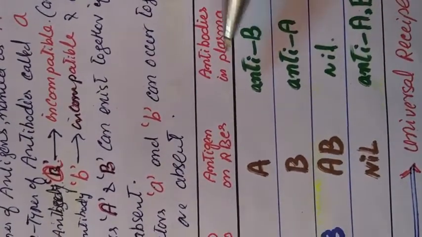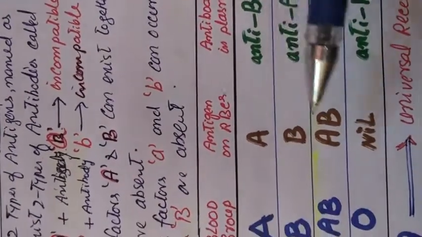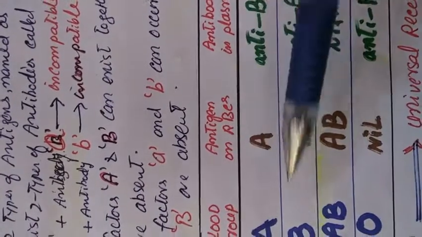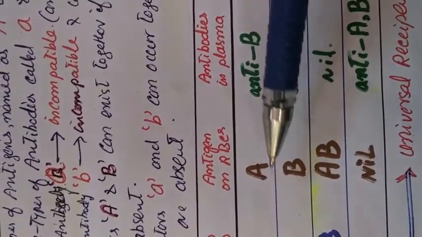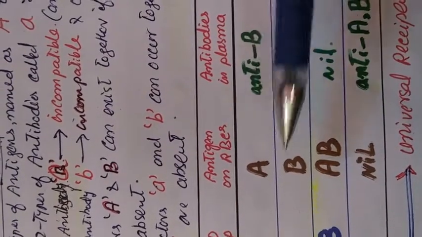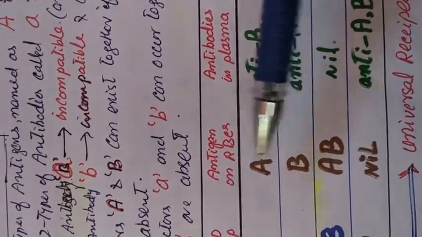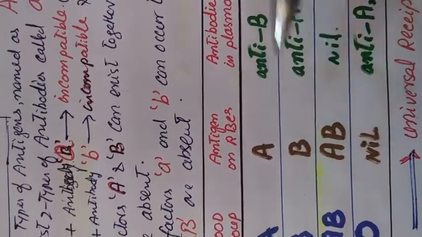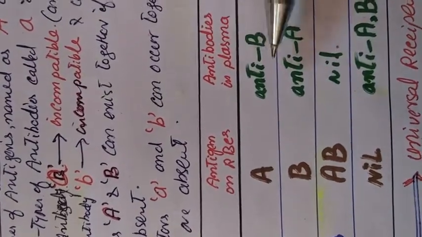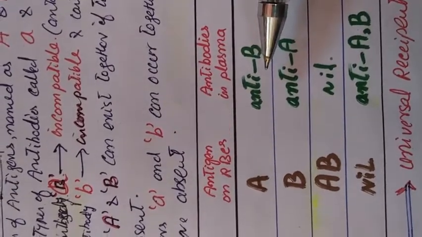Similarly, looking at the antibodies present, if the blood group is A, it has antigen A, so it cannot afford to have antibody A because they are antagonistic. Therefore, the blood group with antigen A will always have antibody B in its plasma.